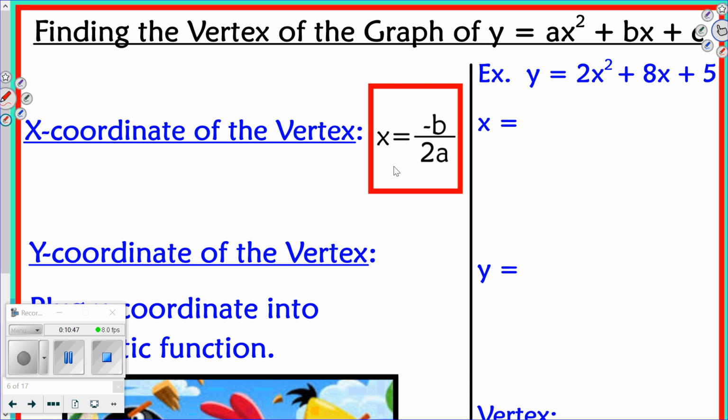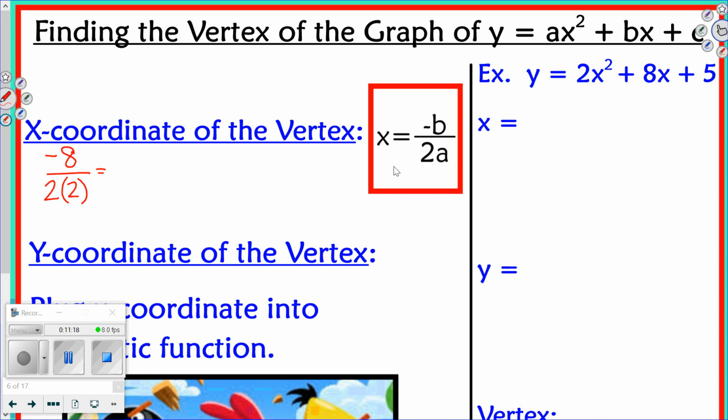So if we look at this example over here, it's in standard form. Let's do negative b over 2a. What's my b value? 8, so negative 8 over 2 times a. What's my a value? 2. Now, some of you are very calculator dependent people. That's okay, no judgment here. But if you're typing all of this in your calculator, you can't do it all in one line unless you do it the correct way.